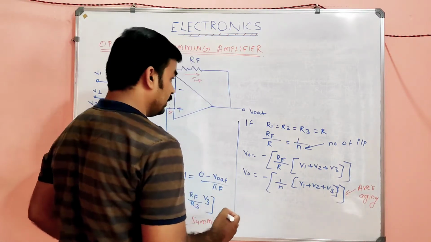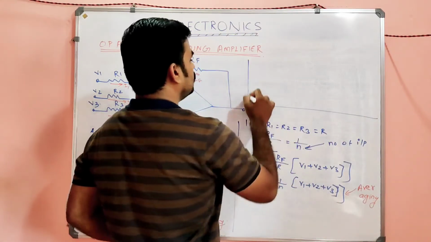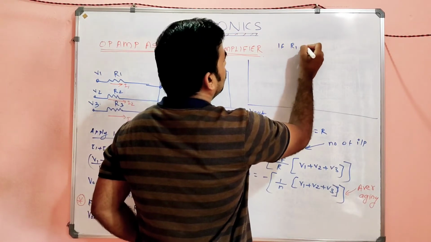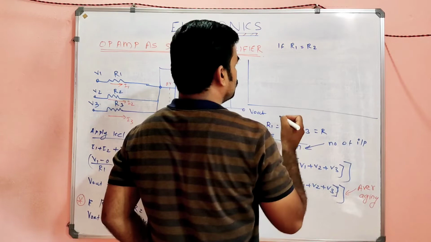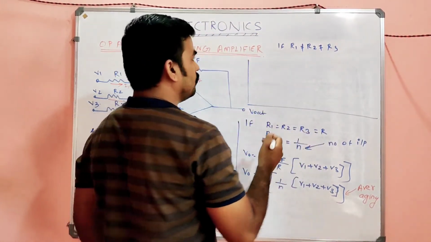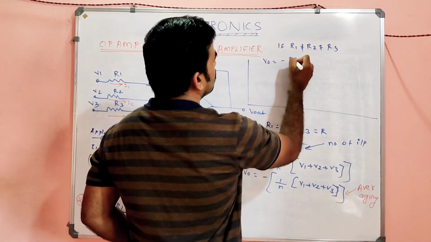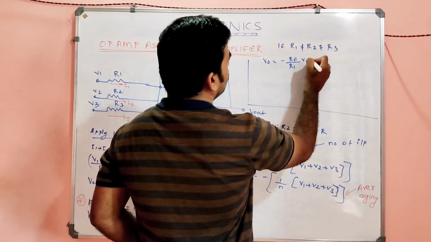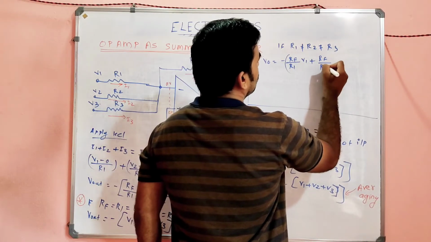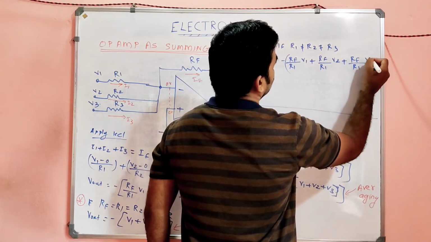Listen, one more thing I will show you. If R1 not equal to R2 not equal to R3, both are not equal, then the output will be nothing but minus RF by R1 into V1 plus RF by R2 into V2 plus RF by R3 into V3.